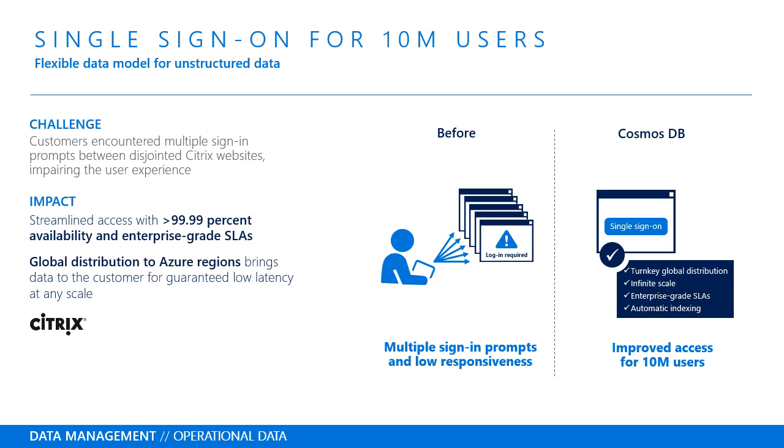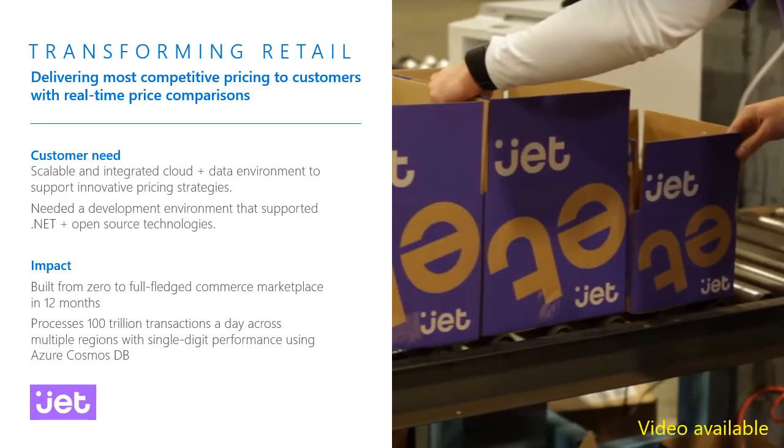It provided significant impact in terms of the performance of the application because they now have streamlined access to greater than 99% availability and enterprise-grade SLAs, and they have now improved access to more than 10 million users. They have reported login times to be faster, and login kickouts, or users being kicked out of their logins, becoming less and less and almost eliminated.